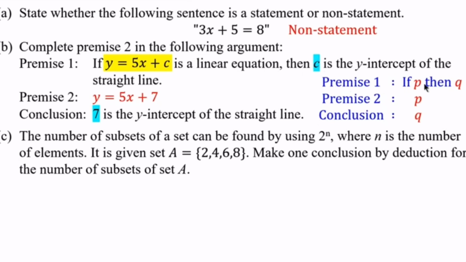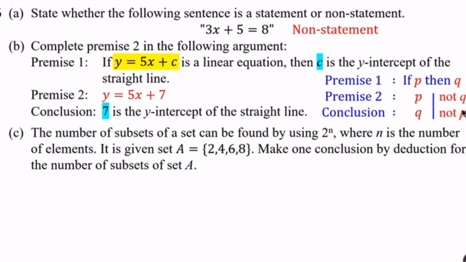So we will just write y equal to 5x plus 7 because in the conclusion, they give you the 7, which is the y-intercept of the straight line. That means the c is 7. So you need to substitute c equal to 7 and write under premise 2. Okay, so that we have another type, if P then Q, not Q, not P.